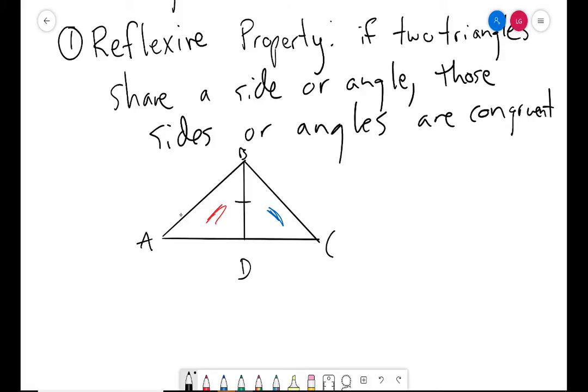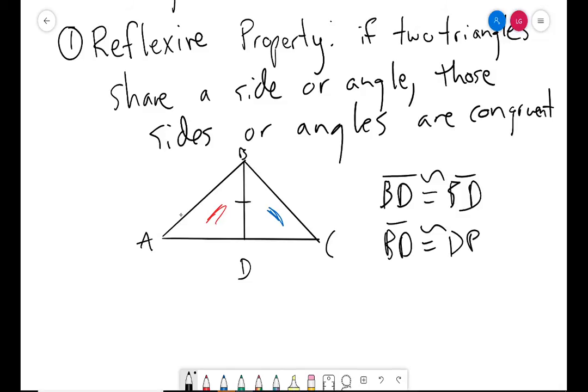So when it comes to trying to show that the triangle ABD is congruent to the triangle CBD, it is useful to recognize that BD is in fact congruent to BD. It's also useful to understand that directionality, when it matters, the congruency still holds.